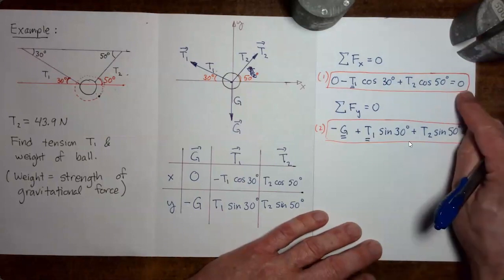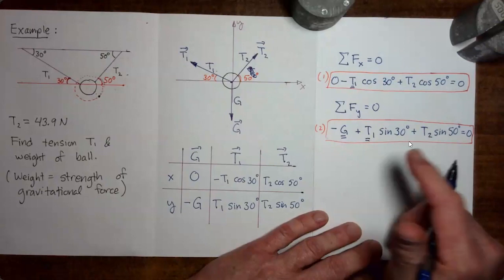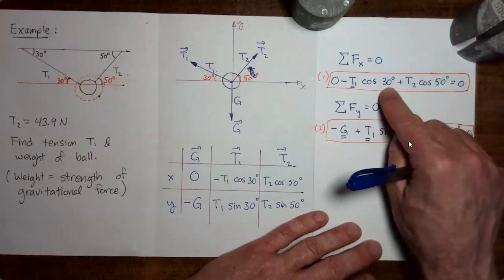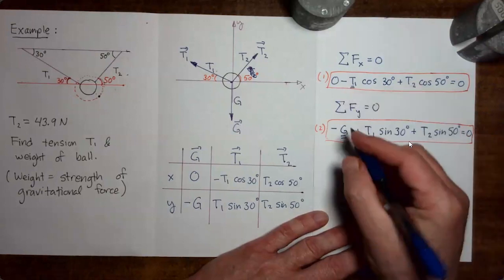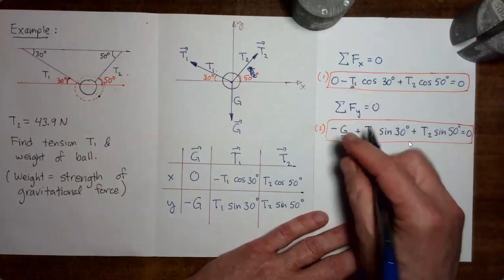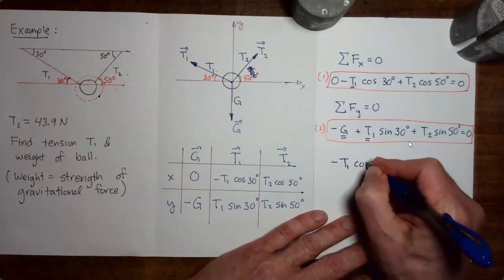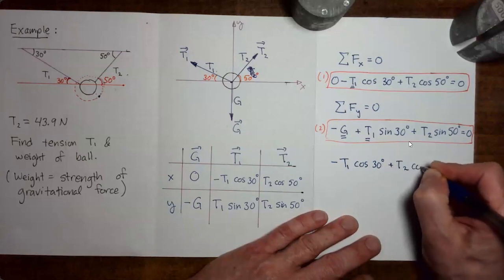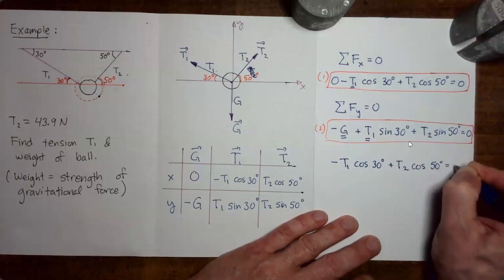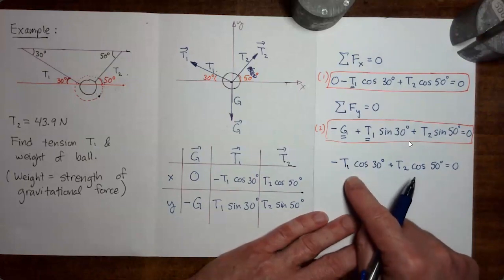Now, you'll notice equation 1 has one unknown and equation 2 has two unknowns. So how about we start with equation 1 that just has the one unknown and use it to solve for T1. Okay, so I'm going to just take equation 1 and copy it down here without the 0. Okay, so now I can solve for tension 1.